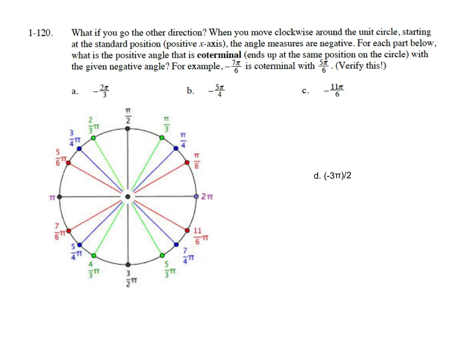So this half of the lesson is about coterminal angles. When you've been studying angles in the unit circle, most of your work has dealt with angles of a positive measure. The angle that I just drew is a positive pi over 3 radians.